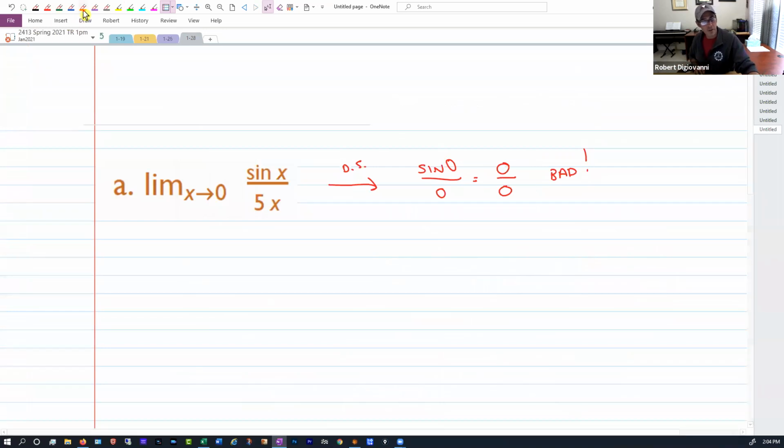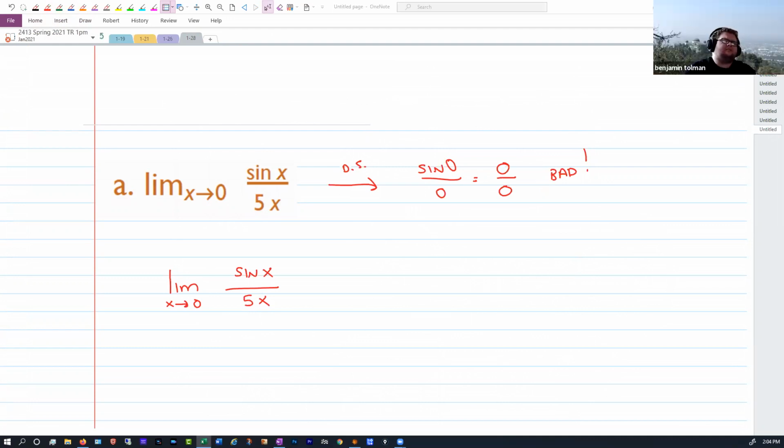So let's see, do we have what we need? Limit as x approaches 0, we have sine of x over 5x. So Benjamin, I know you've been participating already, but your name's up. Can you use trig identities or no?